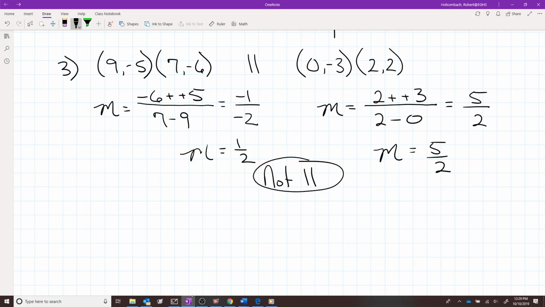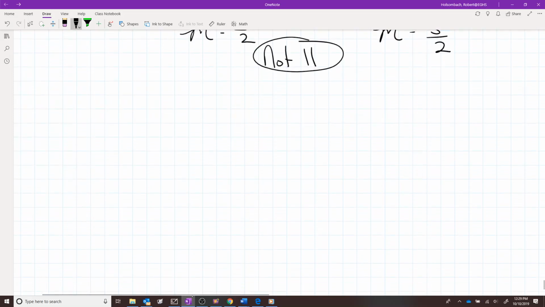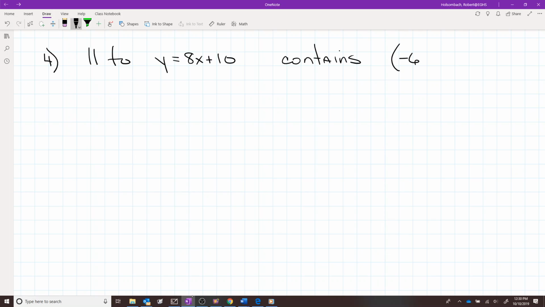Number 4. What is the equation in point slope form for a line parallel to y equals 8x plus 10, and it contains negative 6, negative 4?